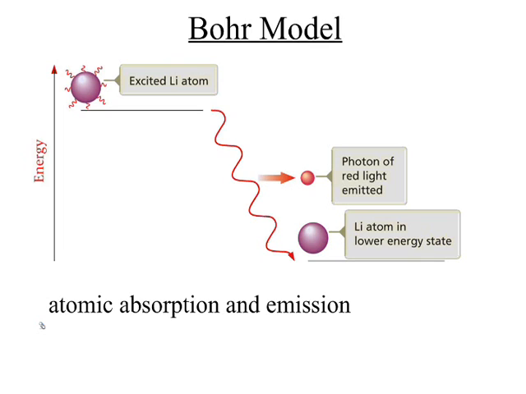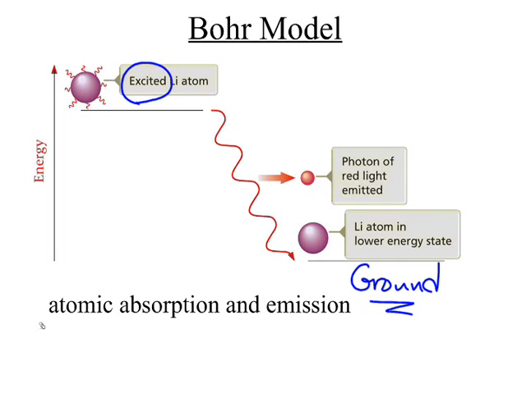Well, what it means is that if we excite something, so in the picture here, they're showing a lithium atom. A lithium atom in its lower energy state might be referred to as the ground state. And then if we add energy to it, it will go up to an excited state. So that would be the adding of energy.